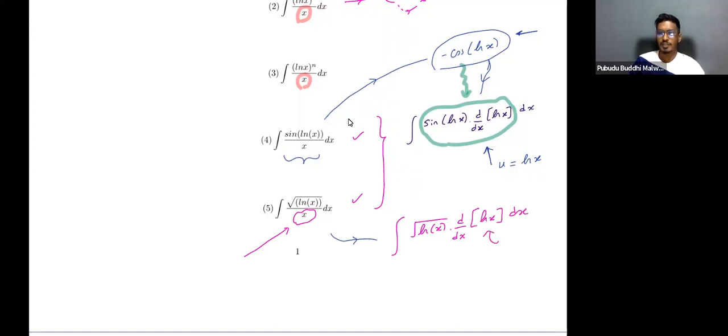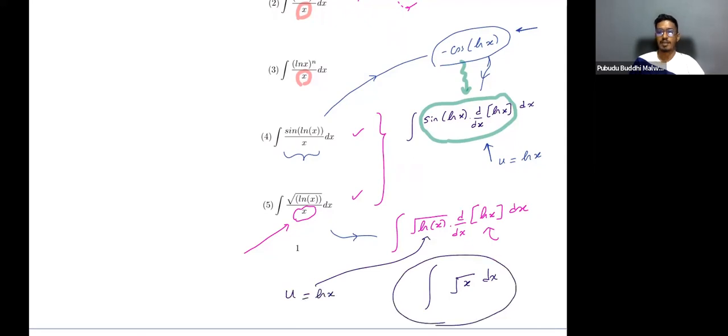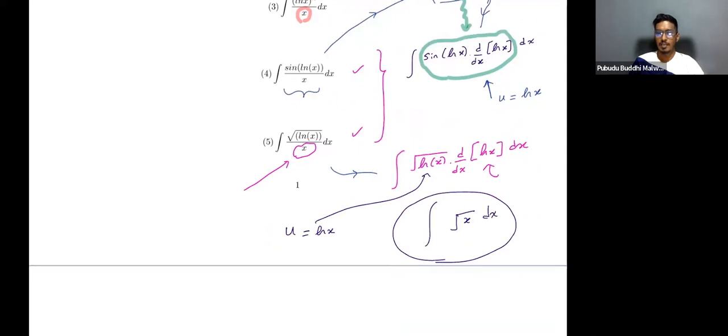By observing this, you should be able to write the answer. But we don't need to do that, because basically we just need to integrate something like square root of x dx, but instead of x, we have natural log of x. So that's why we use u equals natural log of x as our substitution to create a form like this. Then we can integrate.